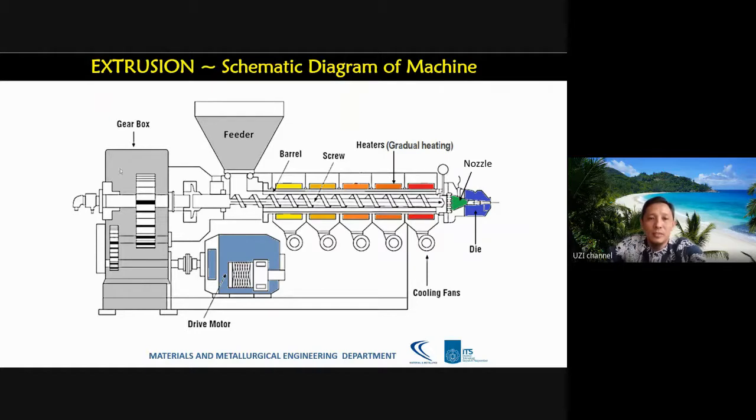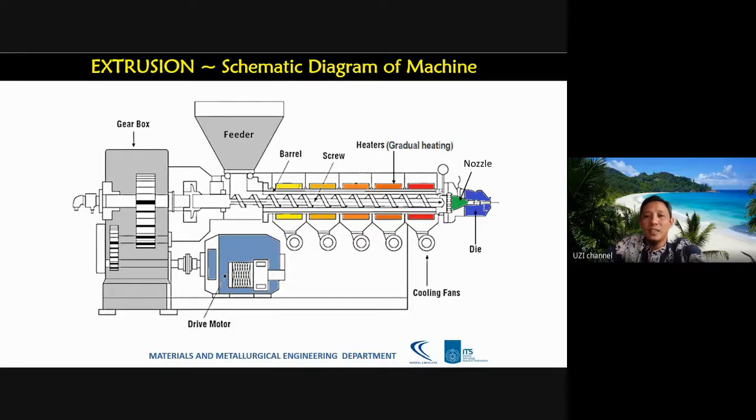Here on the left side is a gear block to maintain the movement of the machine, especially to control the movement of the screw. This is the motor. This is the feeder barrel. The colored part is the heater.